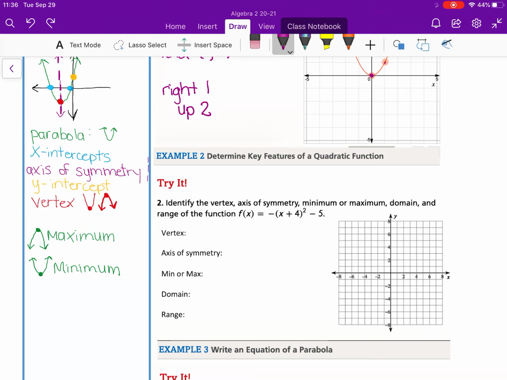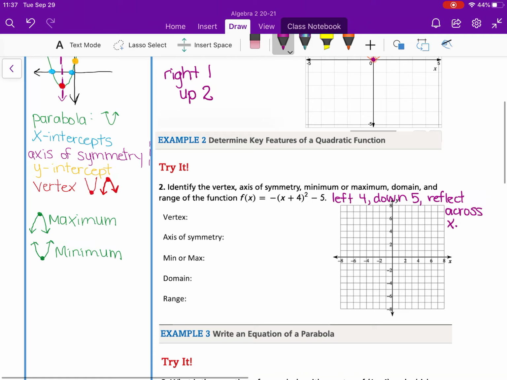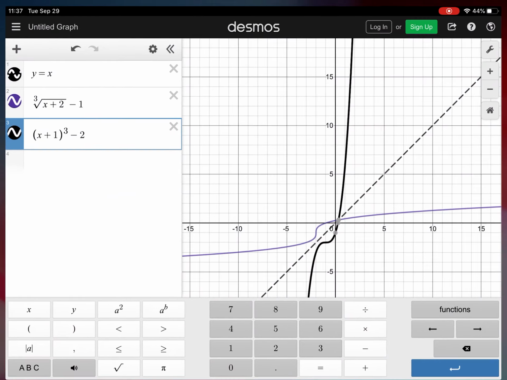All right, so if I am struggling and I don't know what the shifts are, I can always graph it in Desmos. I know that this is going to be left 4 and down 5 and reflect across x, because I memorized it when we talked about 1-2 and all the transformations.